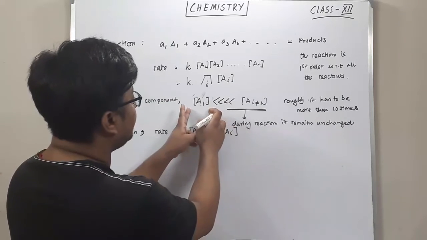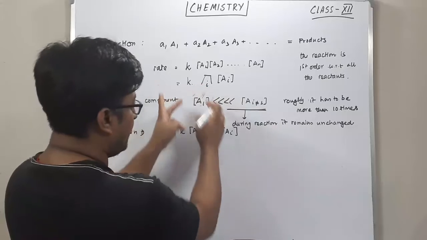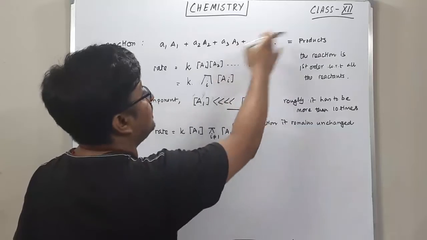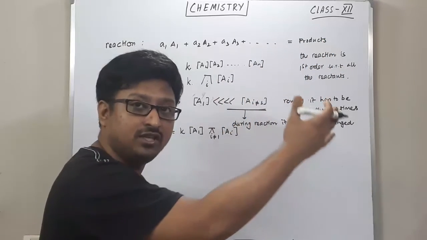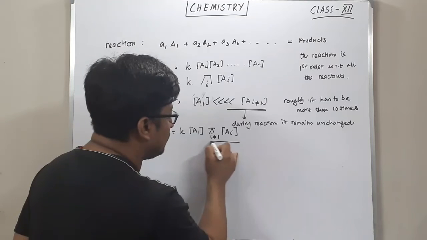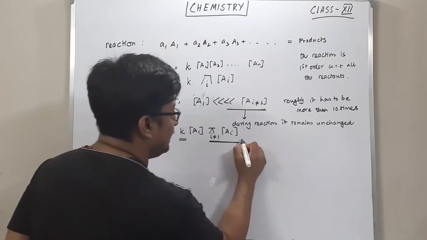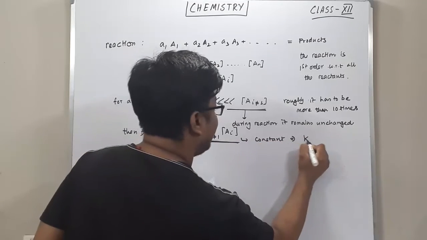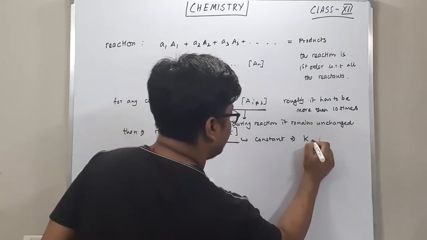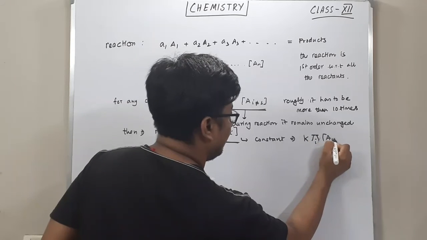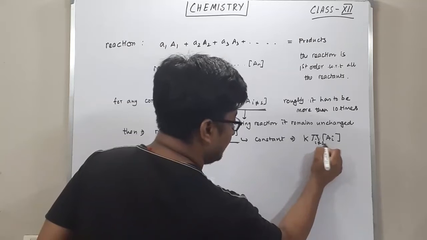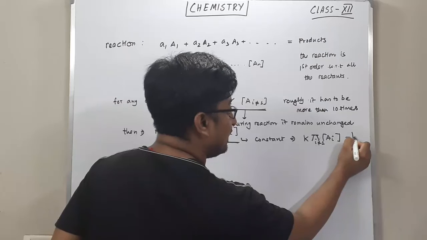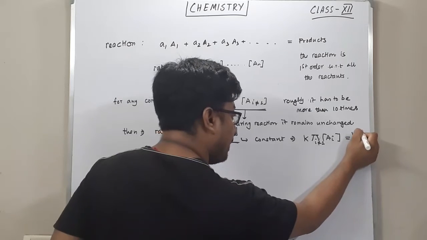So basically I am separating out this A1 from this part. Since the higher concentrations of the rest of the reactants are not changing through time, this is a constant, and definitely this K into the product over i not equal to 1 is also a constant. Let's name this constant K prime.